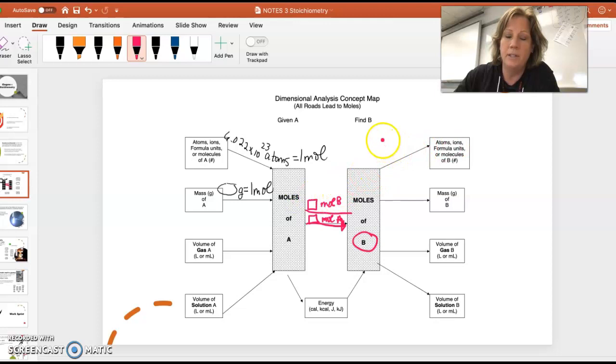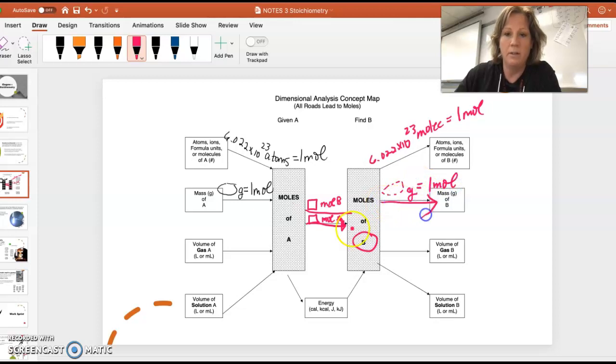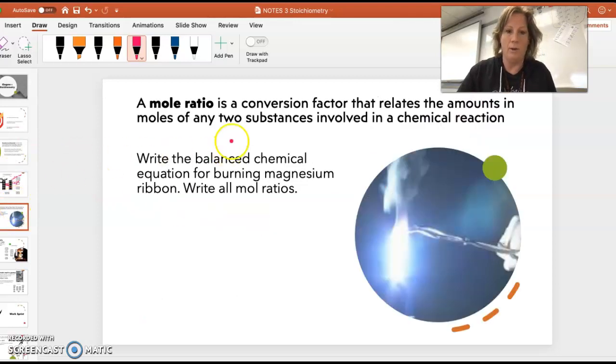And then once you get to the side, it's still the same. We still use Avogadro here. I'll use molecule this time in 1 mole. And then we're still going to use molar mass when we're doing this type of conversion over here. So let me show you how it works.